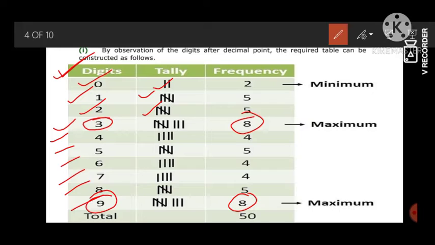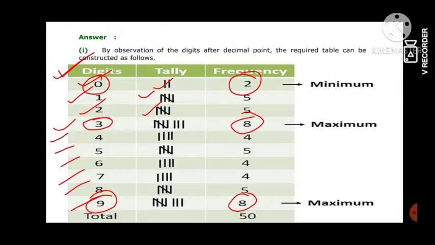So 3 and 9 are the most occurring digits in the 50 decimal places of pi, and the least occurring digit will be 0, as the minimum frequency is 2. We have no other frequency lesser than 2, so the least occurring digit is 0.